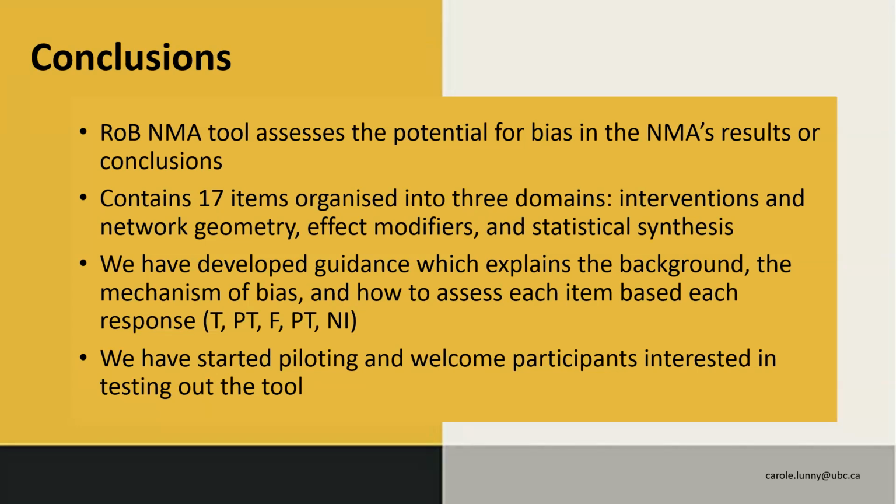Our tool contains 17 items organized into 3 domains: interventions in network geometry, effect modifiers, and statistical synthesis. We developed guidance which explains the background, the mechanism of bias, and how to assess each item based on each response. Then we started piloting, and we welcome participants interested in testing out the tool for us.